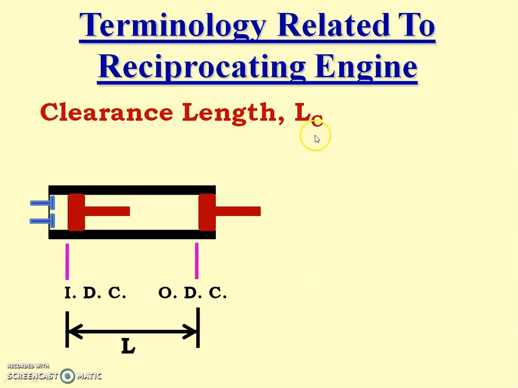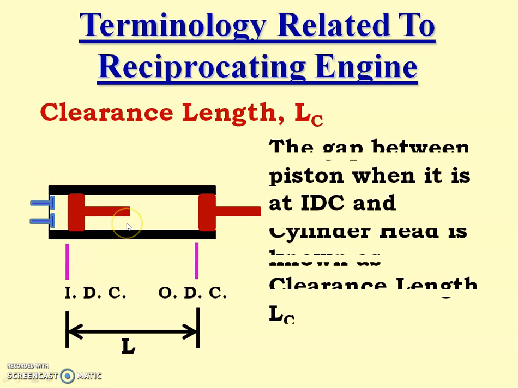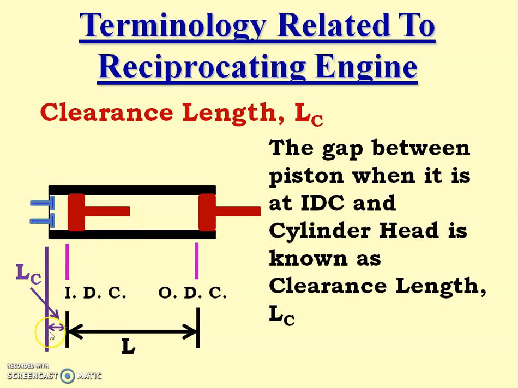Clearance length, Lc. Now consider piston is at IDC, that is this position. Now you look at this position. At this position, piston is not in direct contact with the cylinder head, or there is a gap between the piston and cylinder head, and that gap is known as the clearance length.